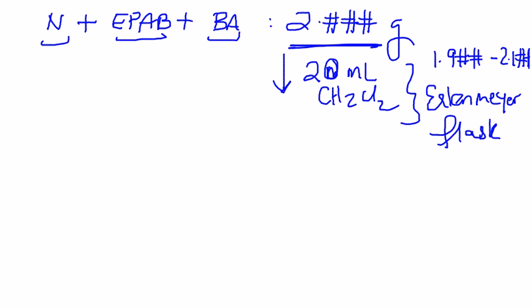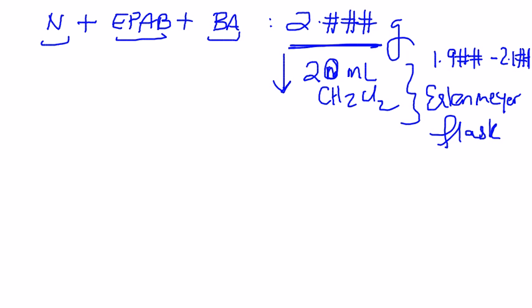If you think that there is a big chunk which is not going anywhere, no matter how much you have swirled the Erlenmeyer flask, you can filter that particular component off. But you have to work with a clear solution of the mixture in 20 milliliters dichloromethane. All right? Okay.